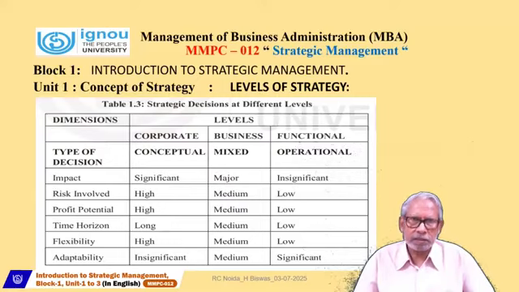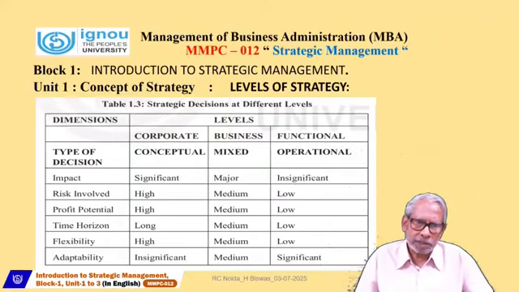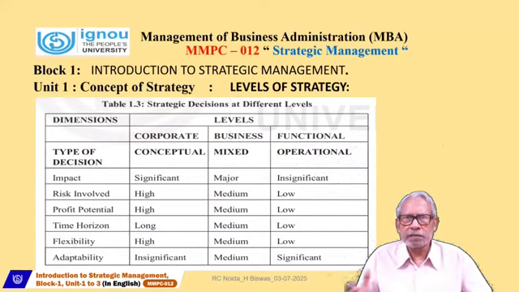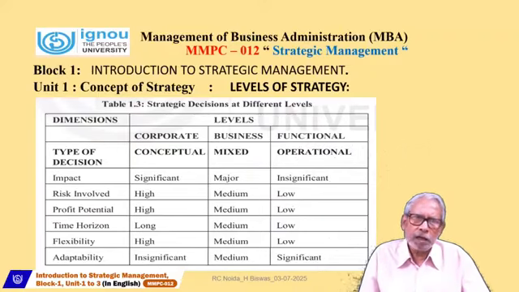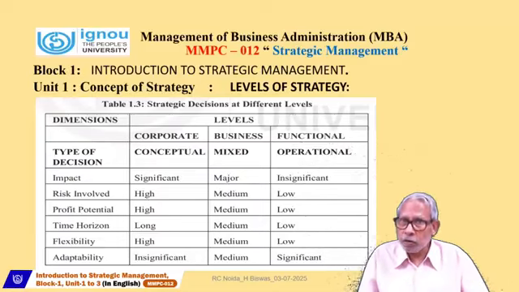Now, strategic decisions: some concepts are given level-wise. Type of decisions at the corporate, business, and functional levels, where the things are required. Usually at the corporate level, conceptual idea should be significant. In the case of corporate levels, conceptual idea and knowledge is required more.